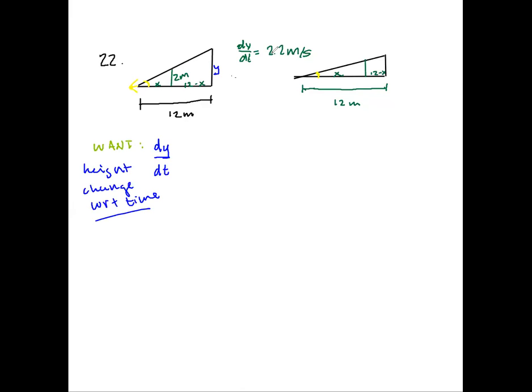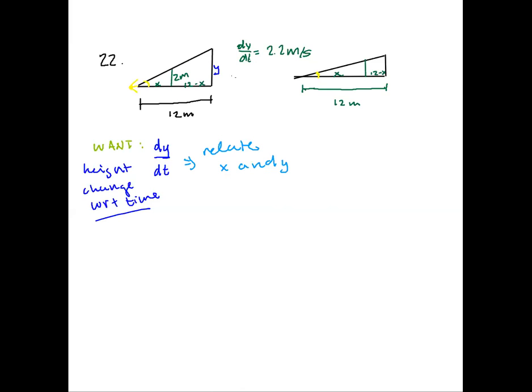So what we need to do is find some way to relate x and y. Because we know how x is changing, we want to know how y is changing. So the way that we kind of did that is we used analogous triangles. So this was kind of the tutorial, step 1, where they had you find a relation between x and y.